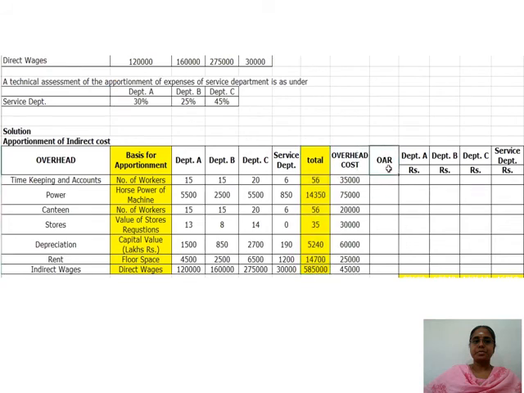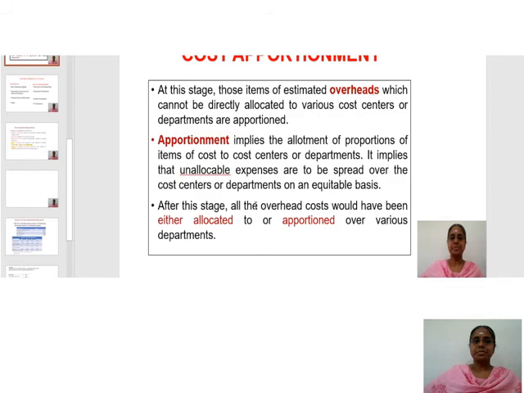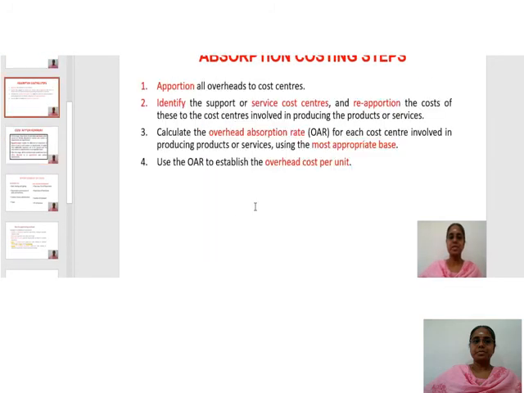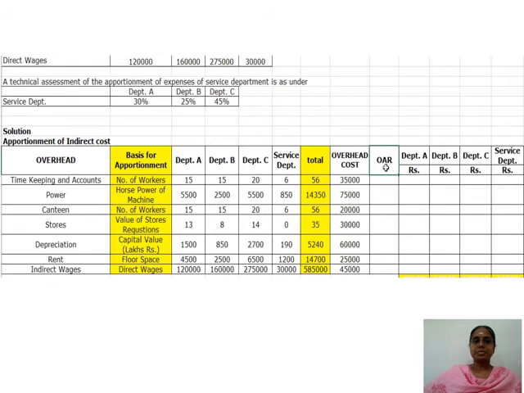Now, I told you in the slides about the overhead apportionment rate. I have told you in the slides, you can see. The overhead cost per unit of base can be found using the overhead absorption rate. This is what you are going to find now. We already saw this in the last problem, but we didn't mention it as a separate column.